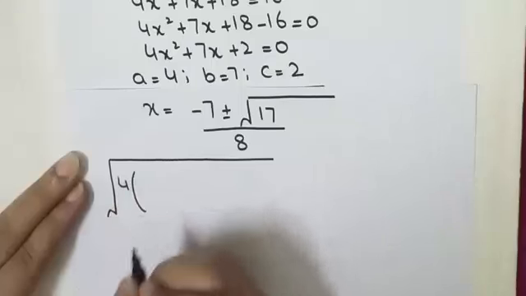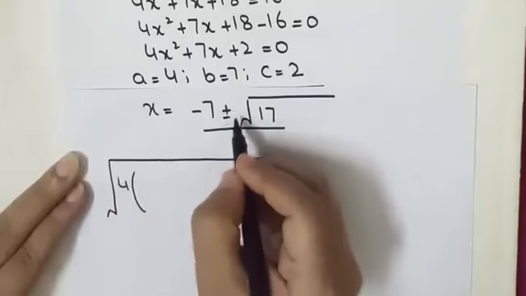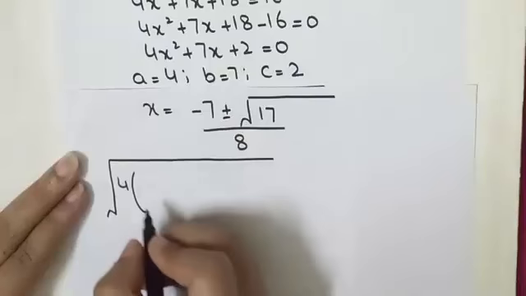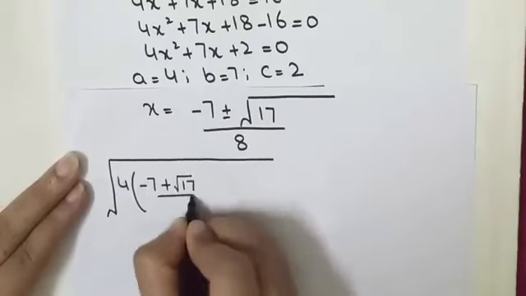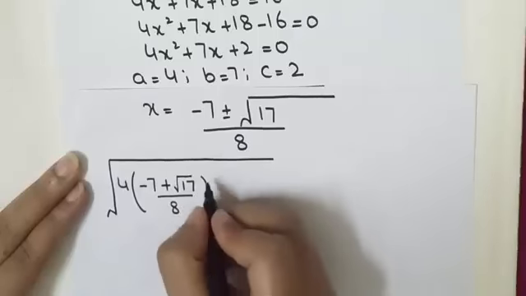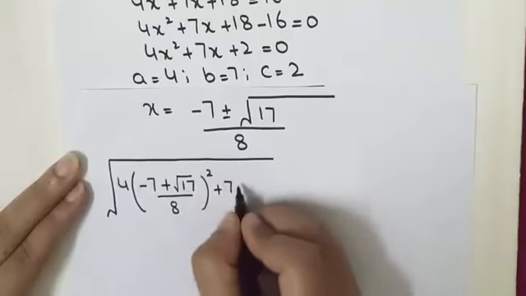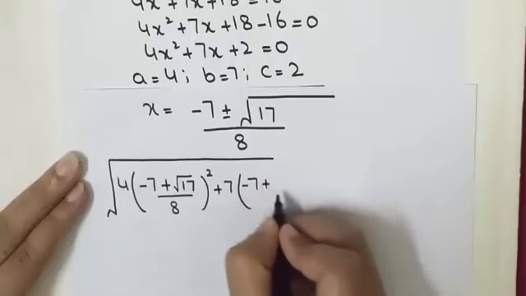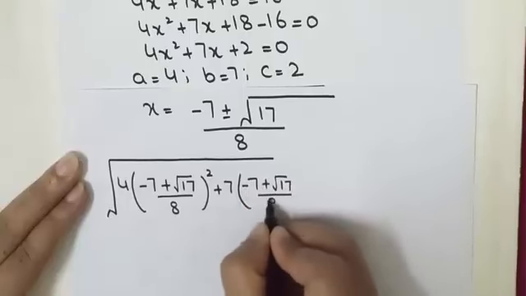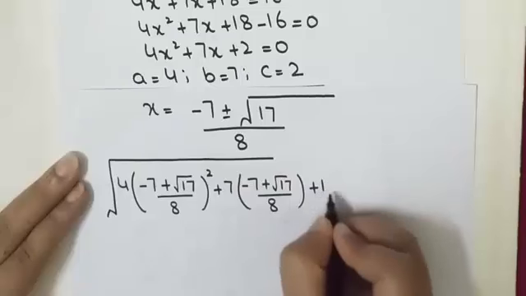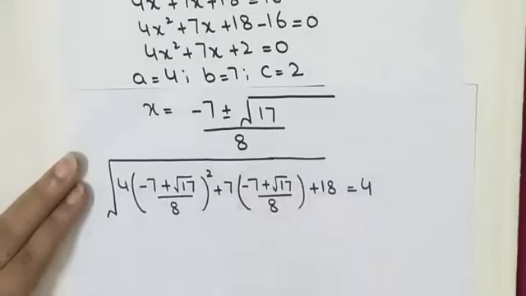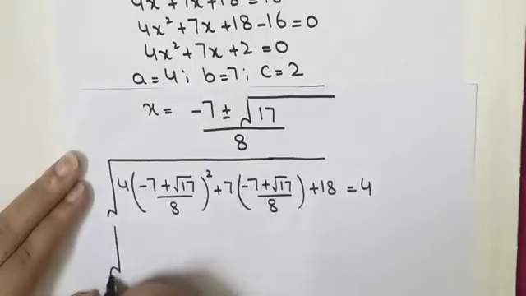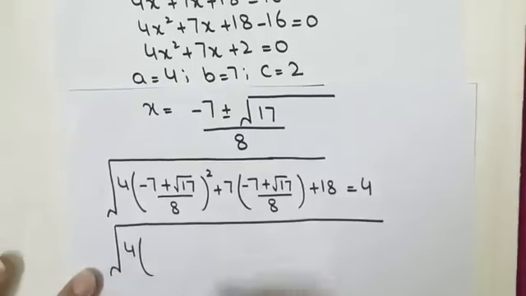4 into x square. First we will check for the positive one. We have plus under root 17 over 8 square plus 7 into x plus 18. This is equals to 4. Now this is a plus b whole square.